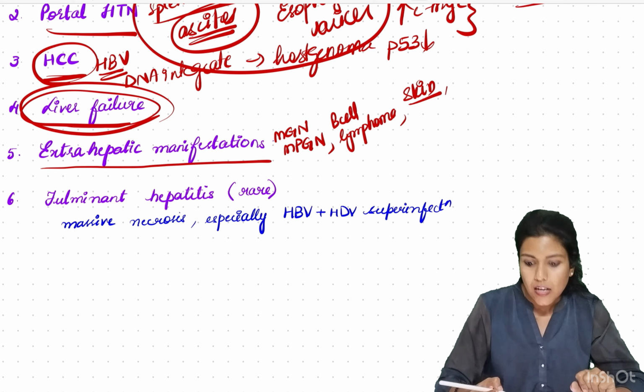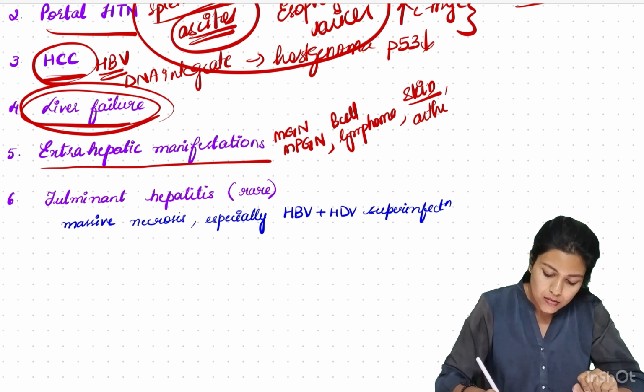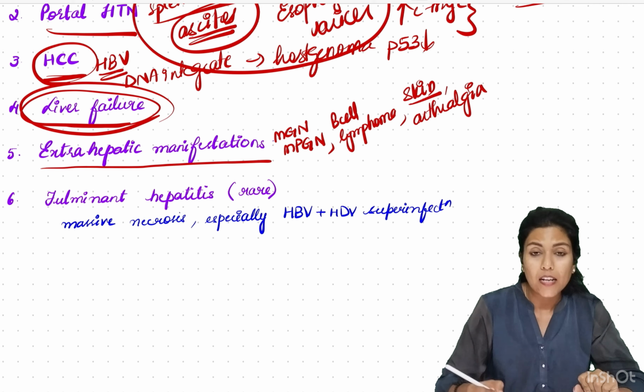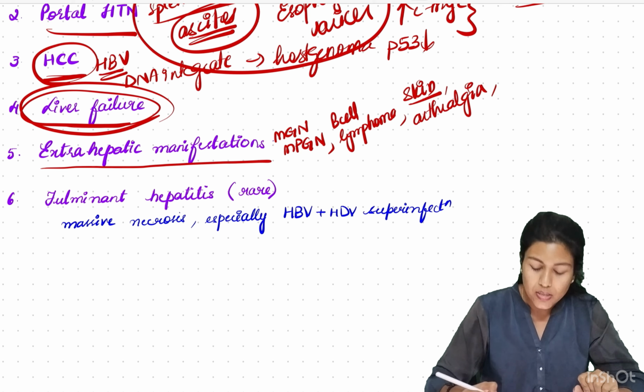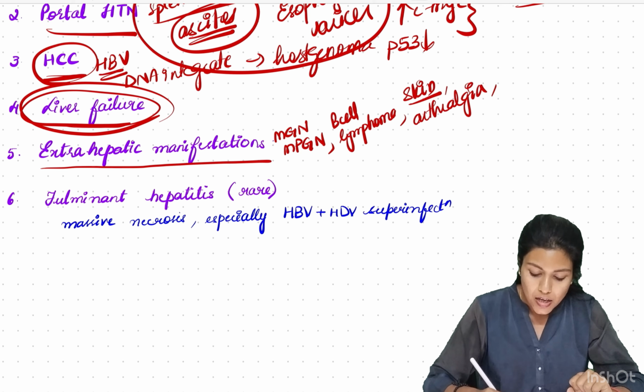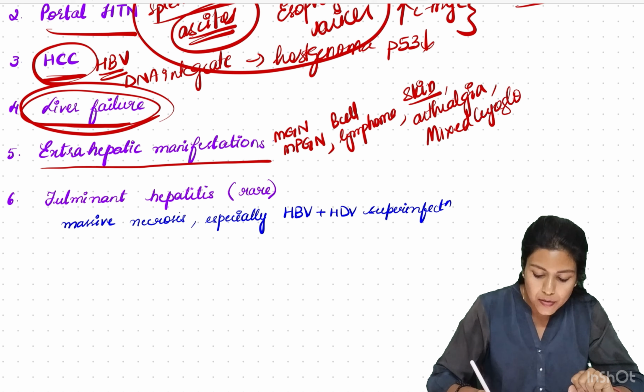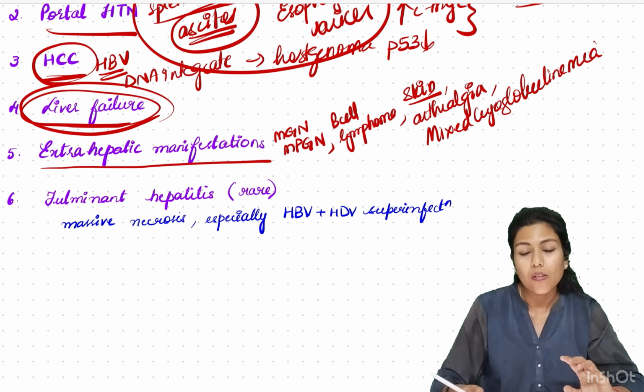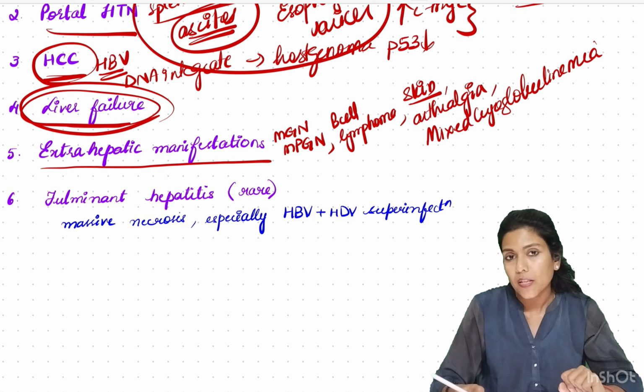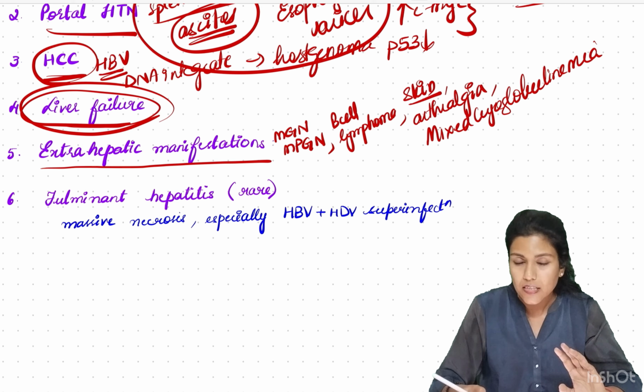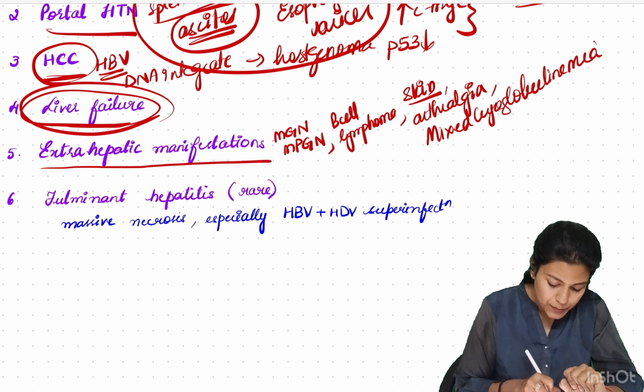In joints, arthralgia and arthritis are seen, and hematological complications like mixed cryoglobulinemia, where the immunoglobulins precipitate at cold temperatures. All these are the extrahepatic complications I have discussed under the clinical features also.